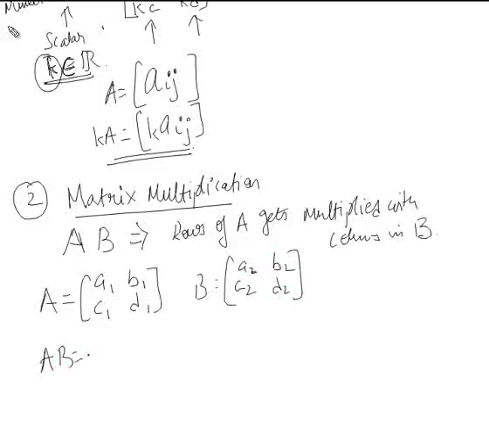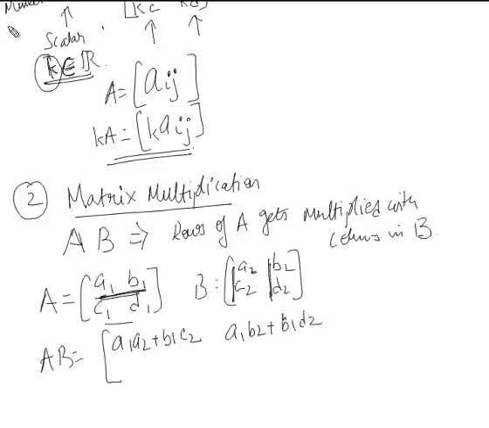Now how will AB look? AB will look like the row and the column, it will look like A1 A2 plus B1 C2. Then again first row with the second column I need to multiply. That will be A1 B2 plus B1 D2.